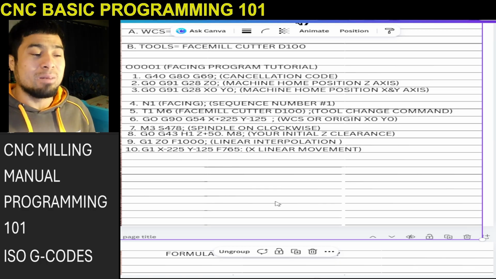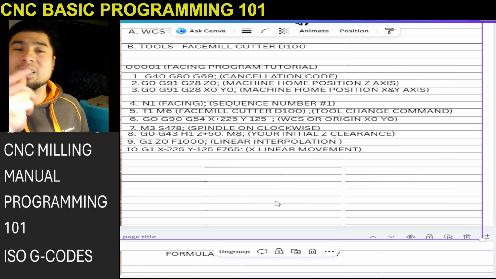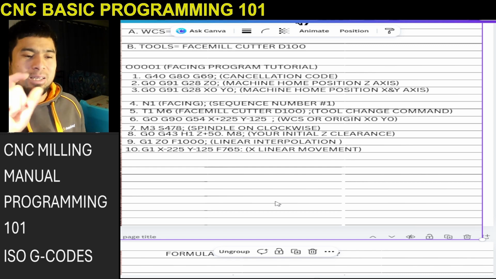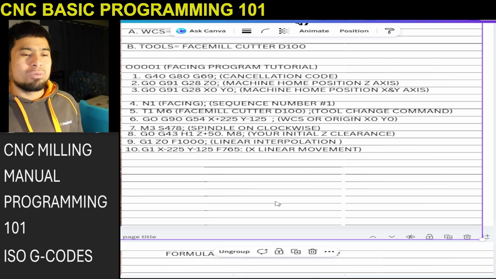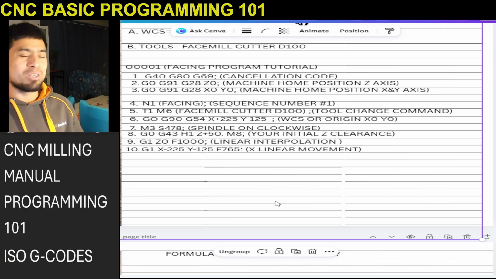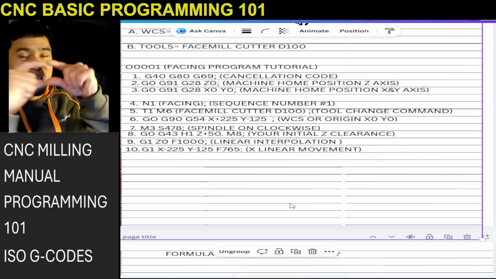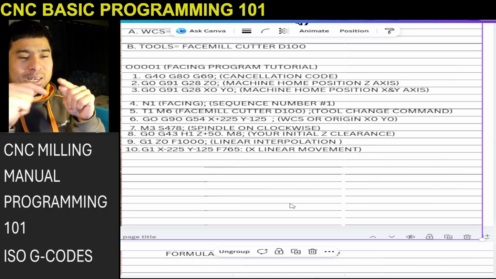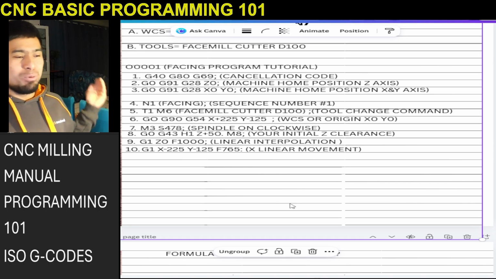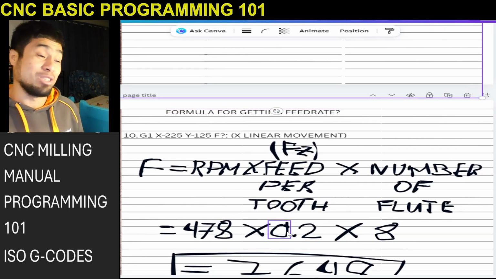It's also not recommended, because you cannot get the maximum tool life of your cutter or your insert once you go out of that range from the manufacturer recommendation. Normally you will see the FZ, or feed per tooth, in the insert box, something like 0.1 to 0.3. So just for the sake of it, use 0.2 so that you're in the middle of that recommendation from the manufacturer.